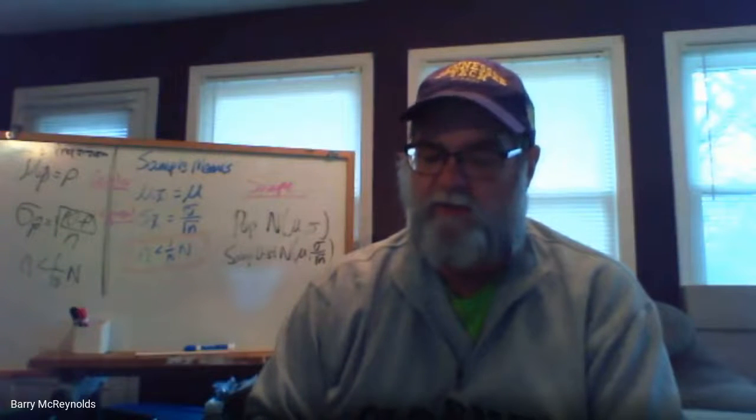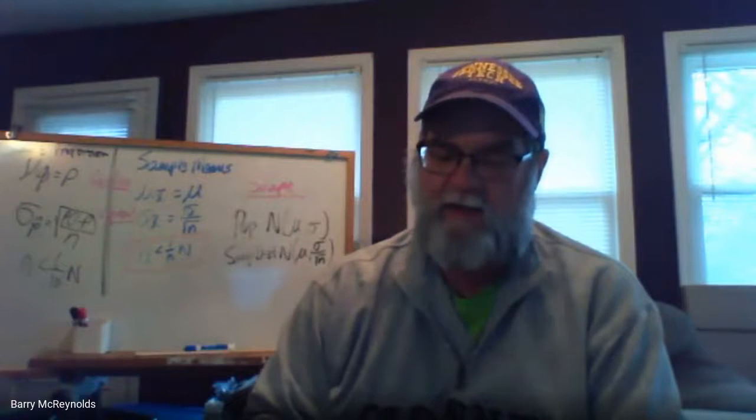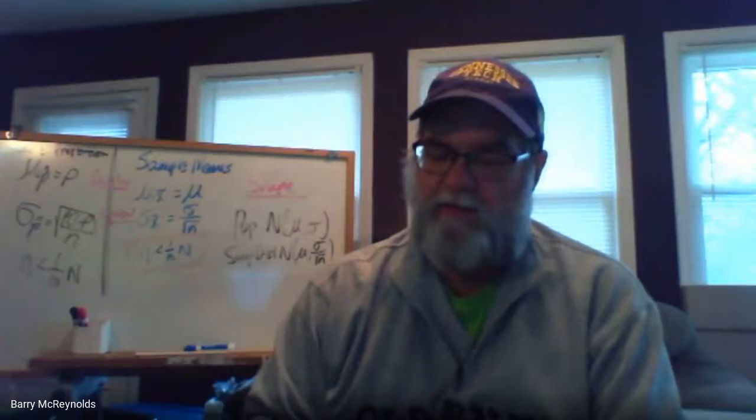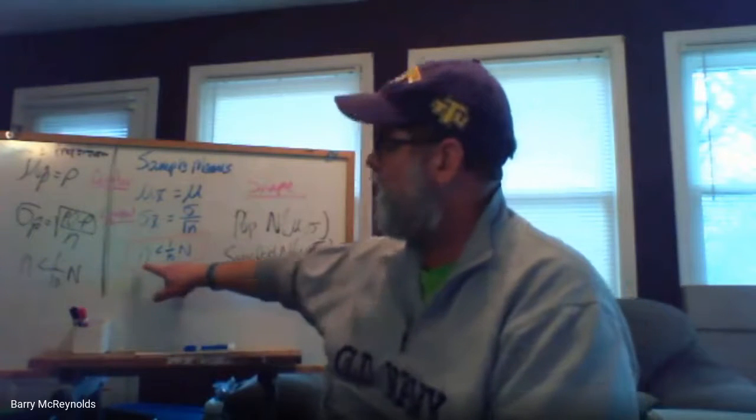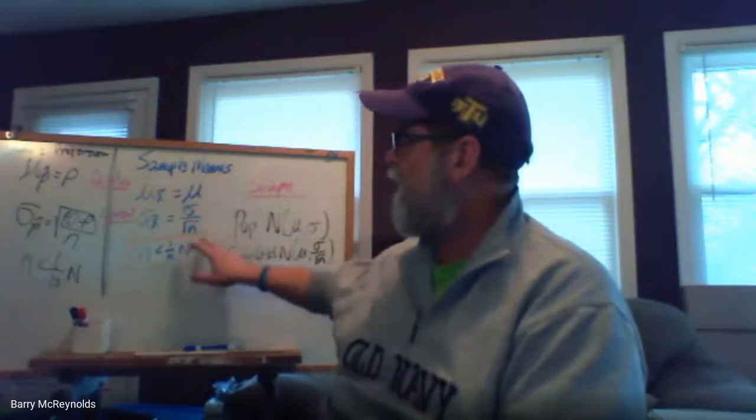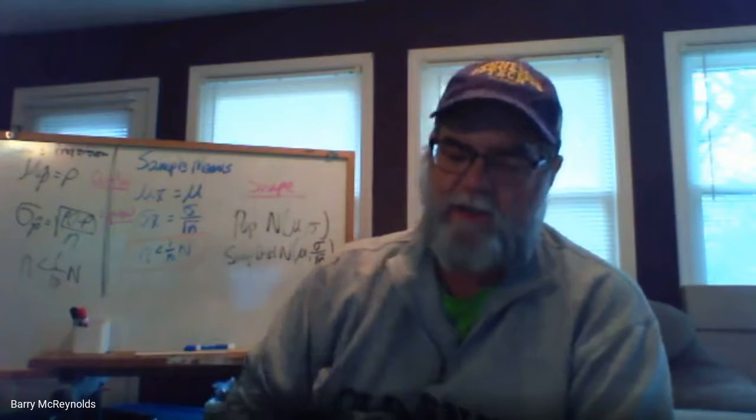And so first of all, we have to confirm that the 10% condition is met. In other words, with a simple random sample of 10, our population needs to be greater than 100 in order for that to be satisfied.